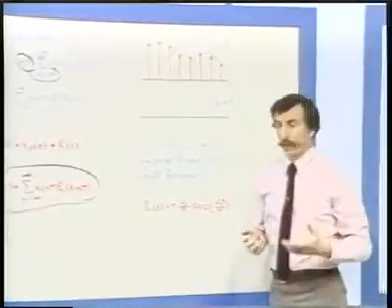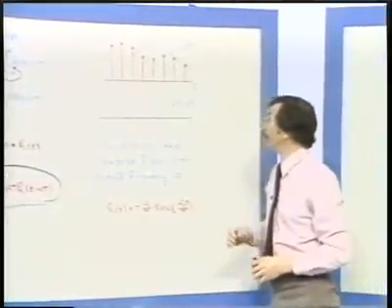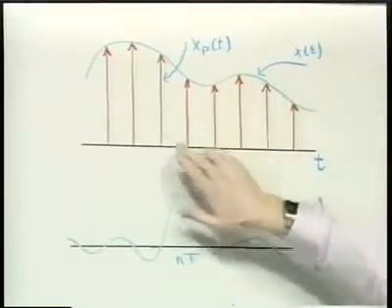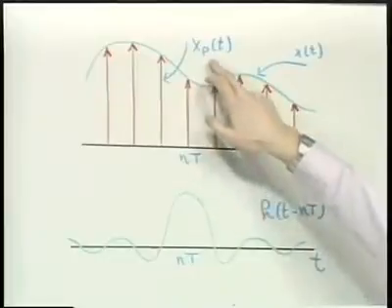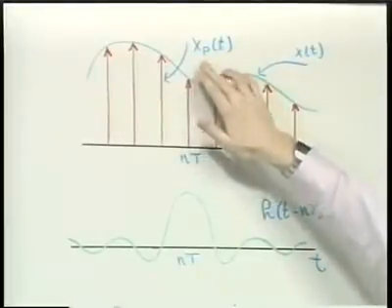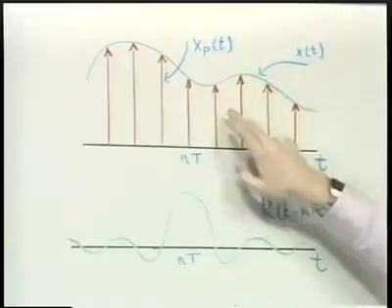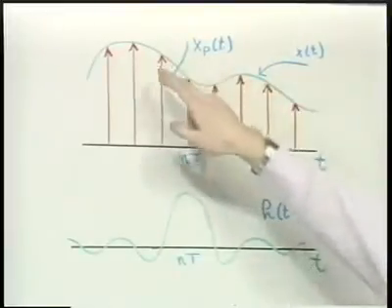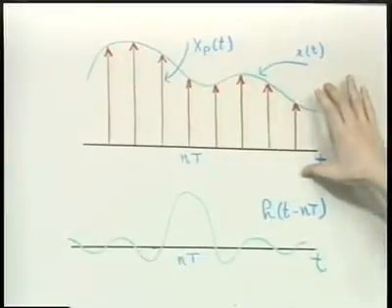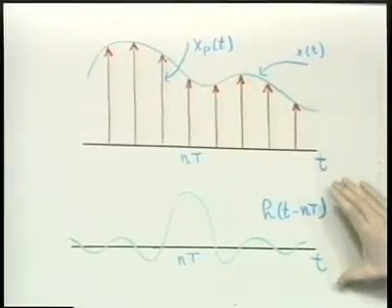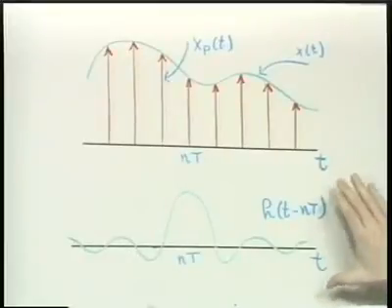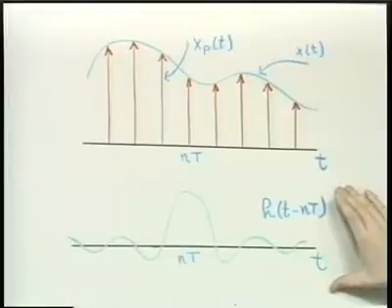In terms of a diagram, we can think of the original waveform as I've shown here, and the red arrows denote the sampled waveform, or the train of impulses whose amplitudes are the sample values of the original continuous-time signal. Then I've shown here what might be a typical impulse response, particularly in the case where we're talking about reconstruction with an ideal low-pass filter.